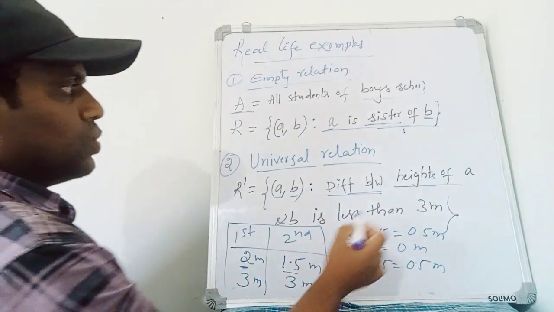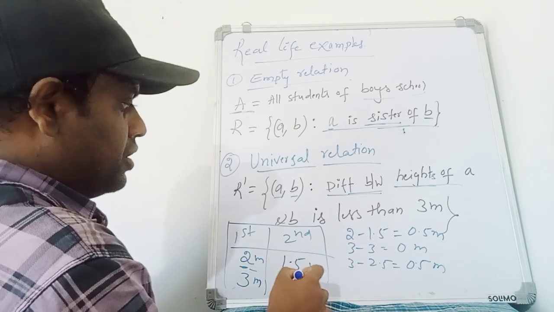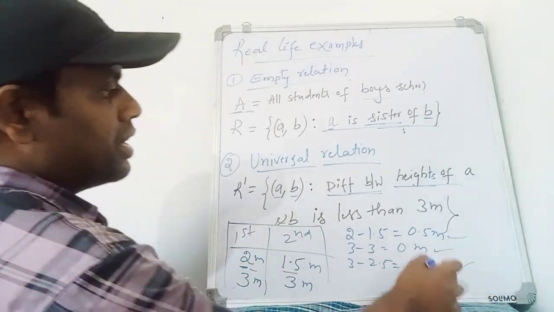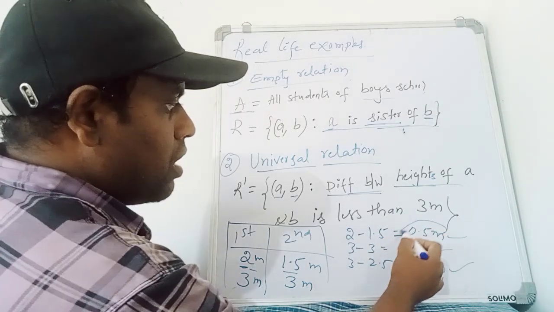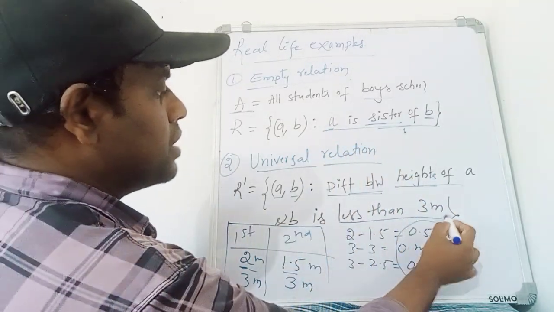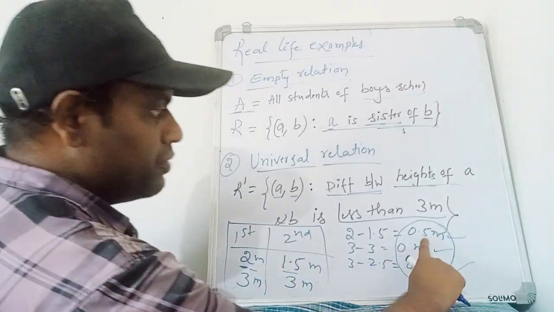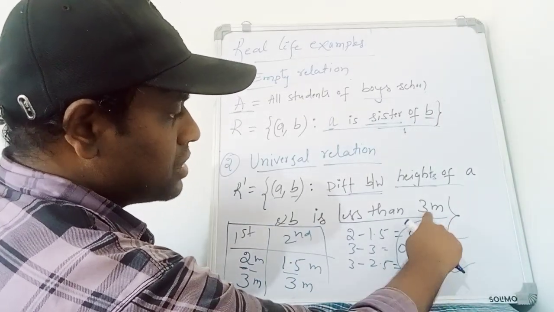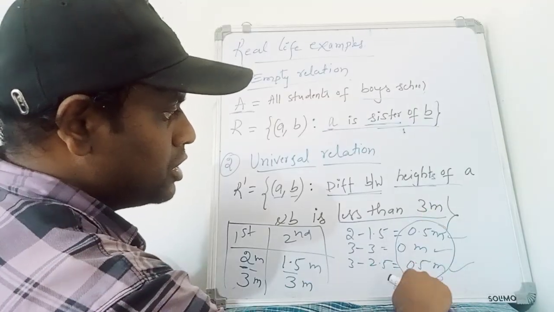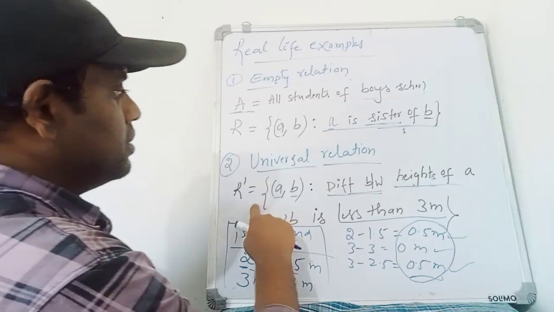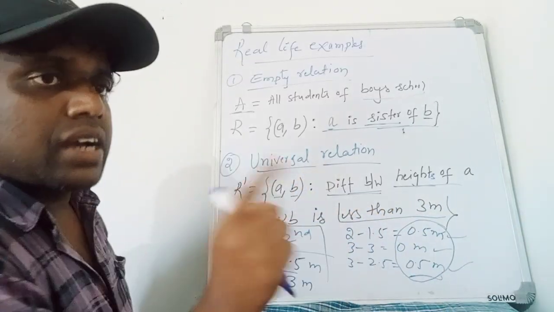See, so if you take heights and take the difference, you can see 0.5 meter, 0 meter, 0.5 meter, right? So these are less than 3 meters, correct? The difference of heights is less than 3 meters, right? See, 0.5 is less than 3, 0 is less than 3, 0.5 is less than 3, right? That means what? This statement, whatever is there, it is correct.